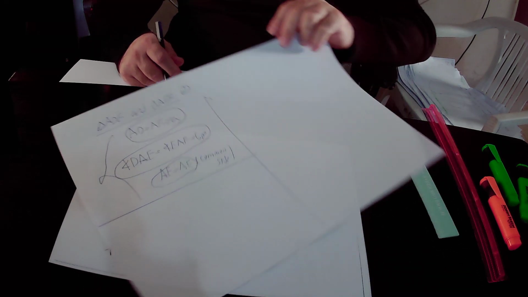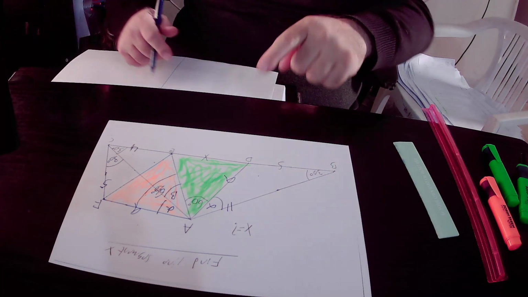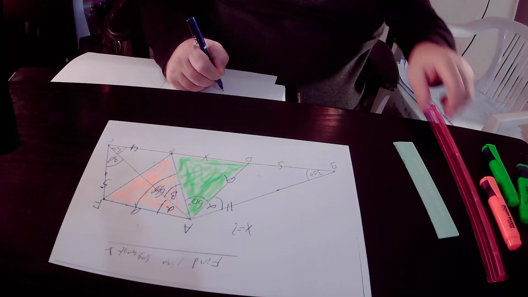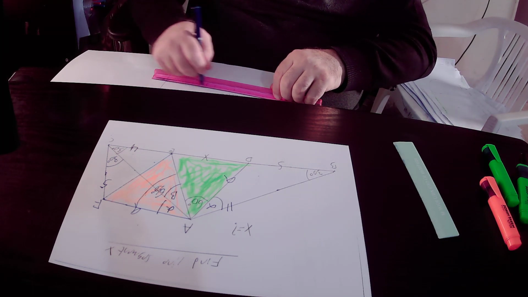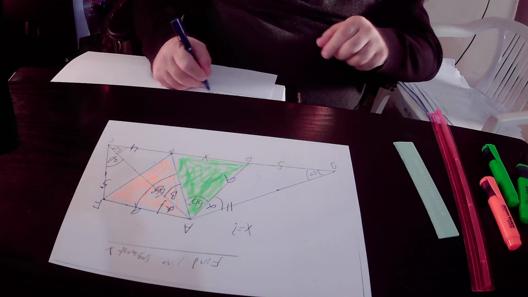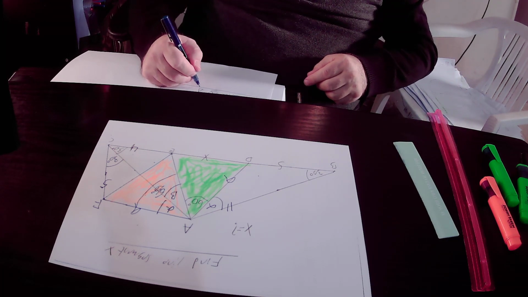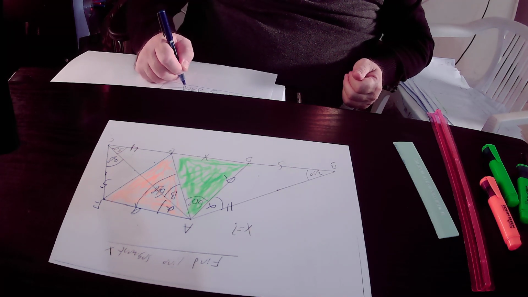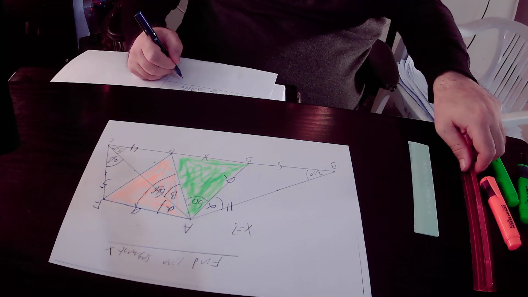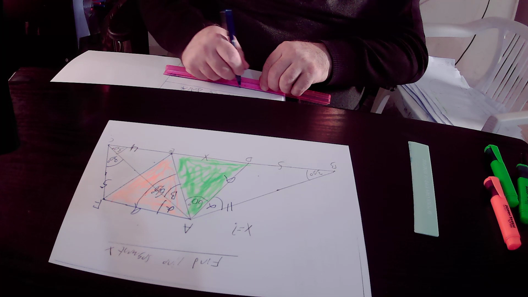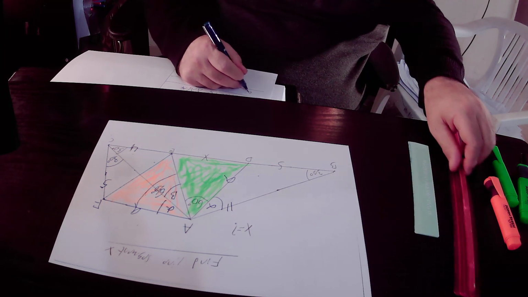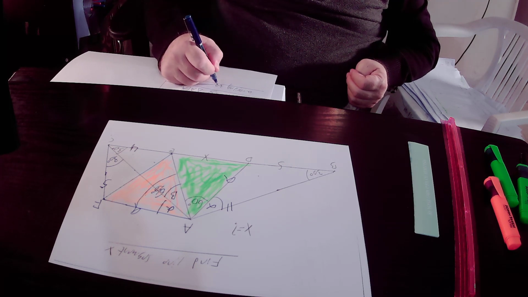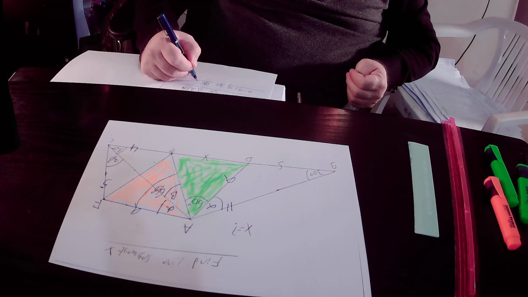So we actually proved that the green triangle ADE is congruent to the orange triangle, triangle AEF, according to the side angle side rule.